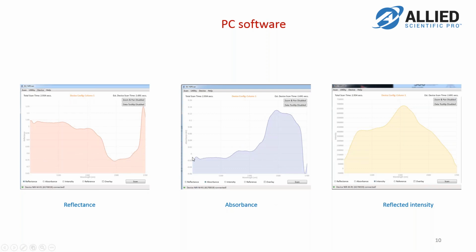So you see here's a dip, there's a peak, so absorption, and this is the reflected intensity, which basically to get the reflectance, you divide the reflective intensity by the reference in the factory, and then that will give you the reflectance.